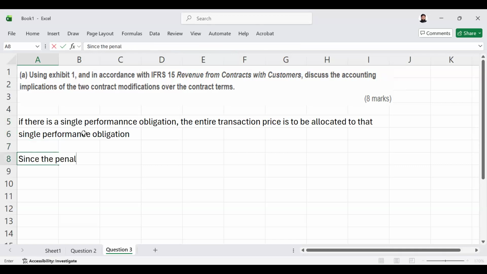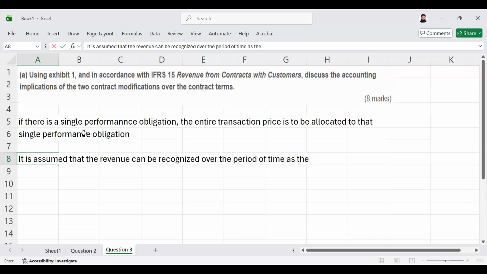Since the penalty is recoverable from the customer, it is assumed that revenue can be recognized over the period of time.